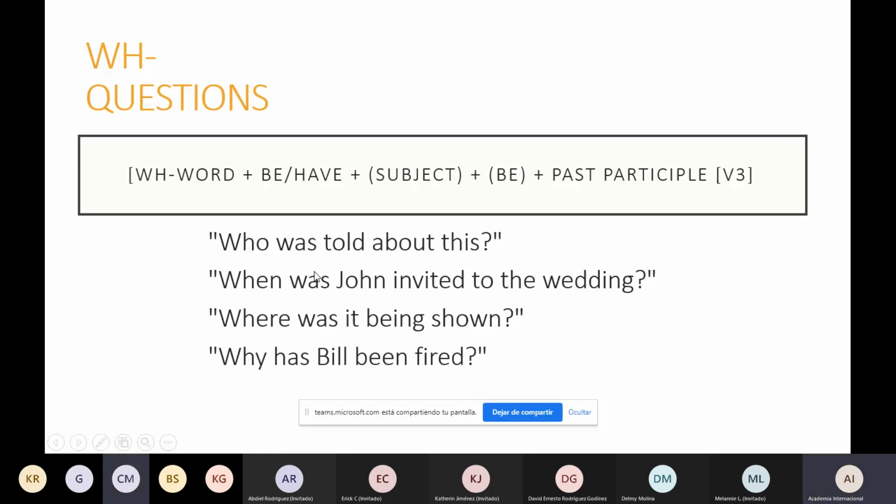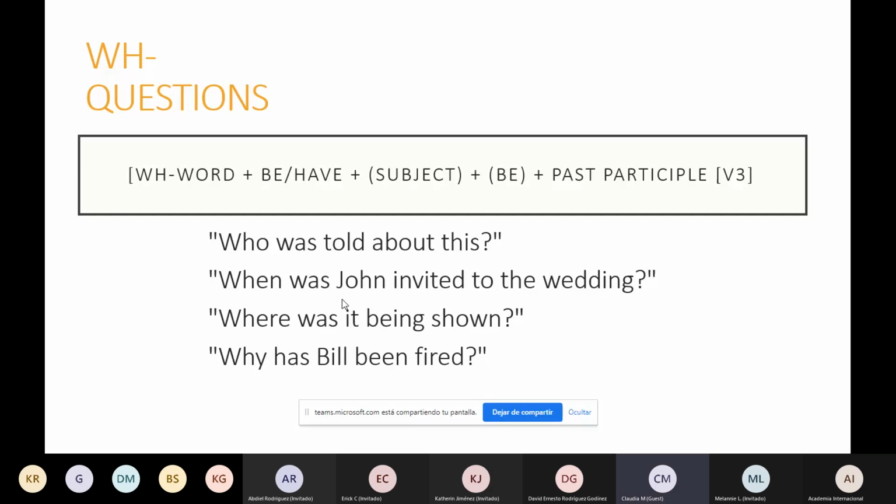Yes, miss? Donde dice, when was John invited, ¿es was o es has? Porque abajo veo que dice, why has Bill? ¿Cómo? No comprendo. Ahí, when was o when has John. En español es ¿cuándo fue John invitado a la? ¿Cuándo fue? ¿Y por qué cambia donde dice Bill?